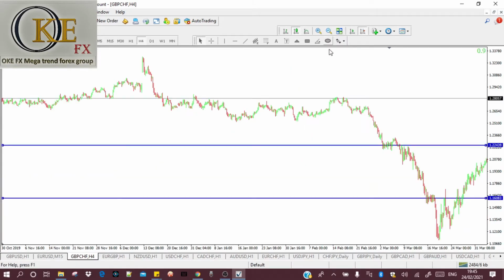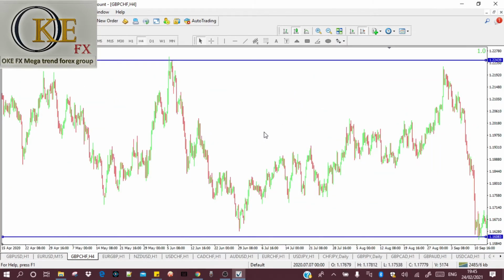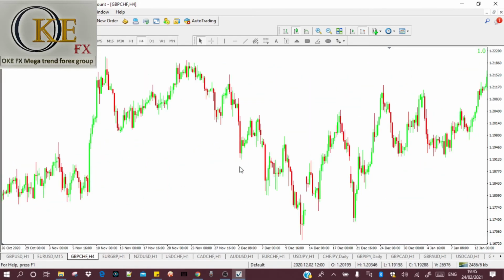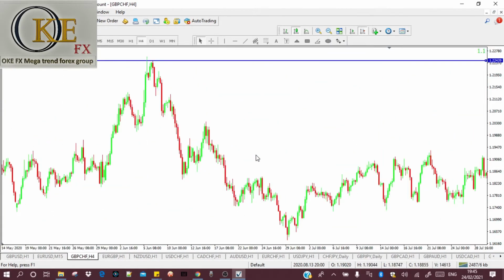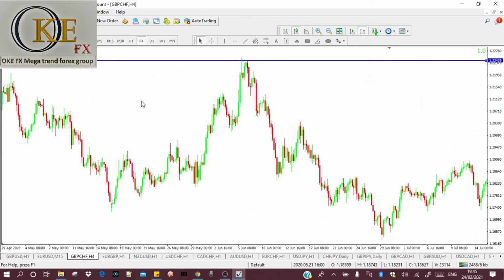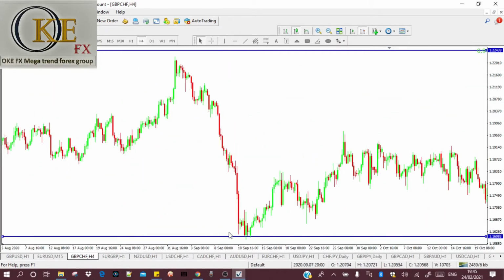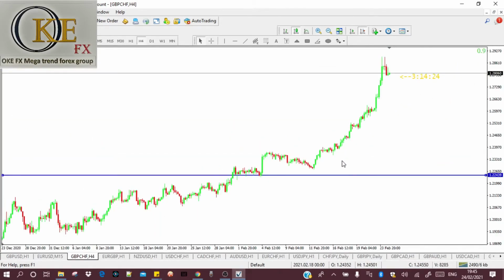Let's look at it. So you already know that there is this area that no matter what happens, price is really going to respect. Are you seeing it? Right from here, it respected. It got almost close to it, even likewise the support line, and then from there until it broke out from here.